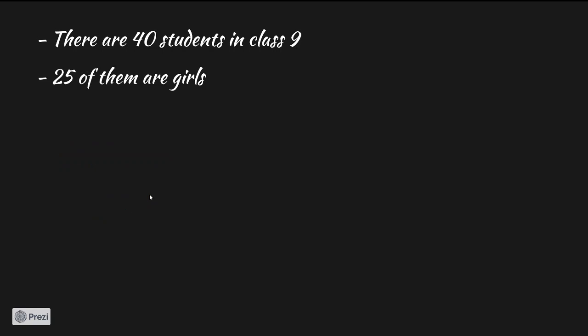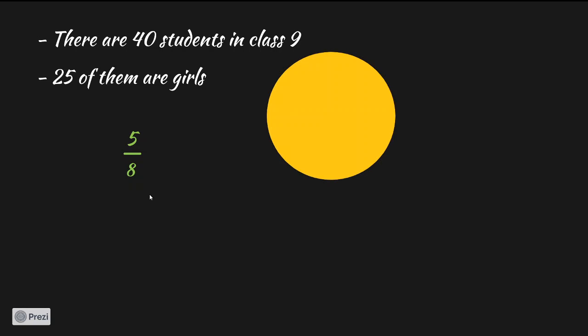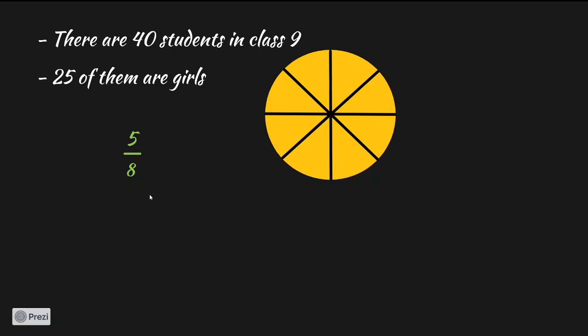Now let me show you what exactly is happening. Okay, 5 by 8, that is, you take a circle, divide it into 8 parts, shade 5 parts, you get 5 divided by 8, 5 parts out of 8 parts. Now what is happening when I am making it into a percentage?